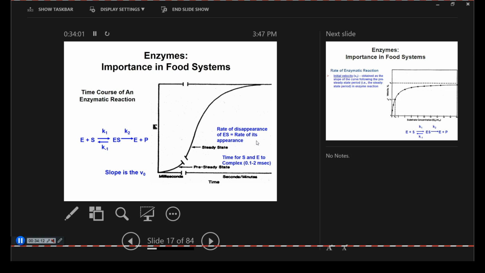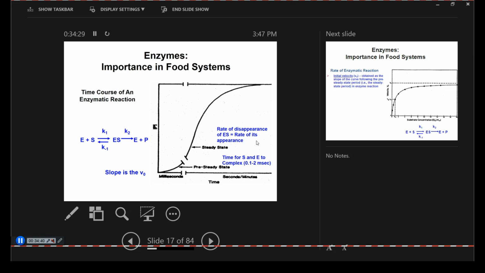As you monitor products over an extended period of time, you see that it's no longer linear because something's happening until it plateaus. What do you think is happening so that it's no longer linear? The substrate. What happened to the substrate?